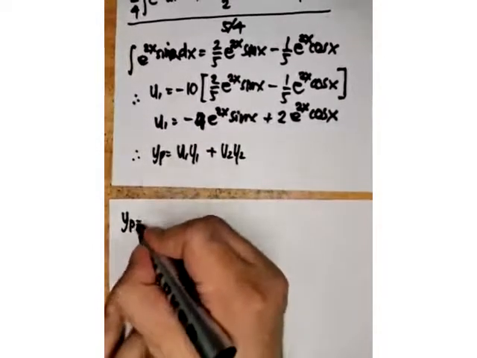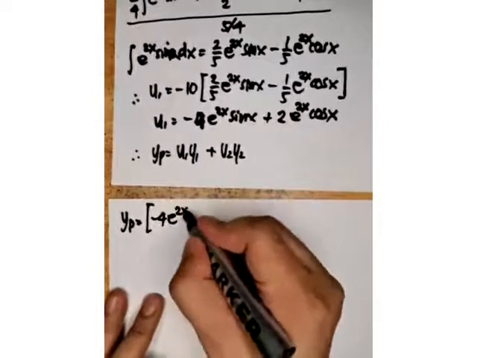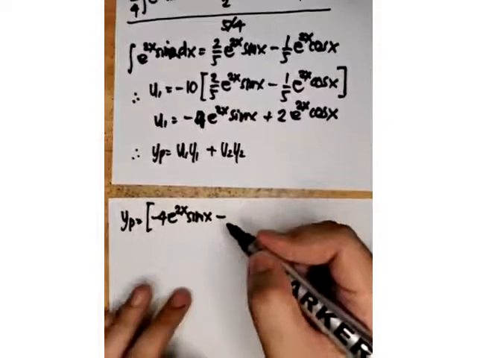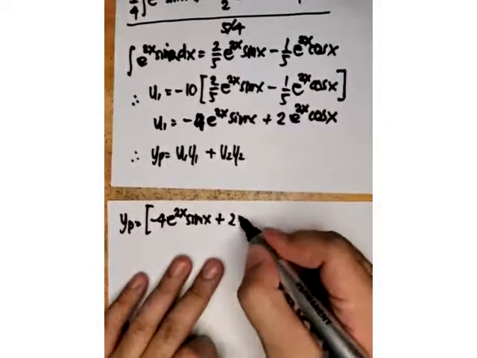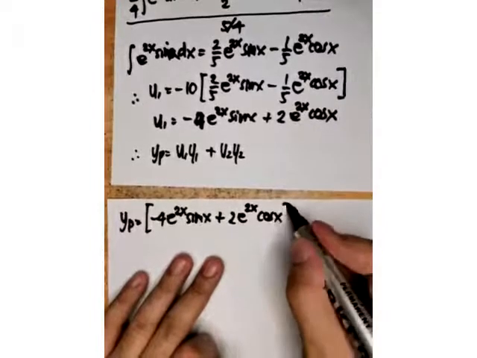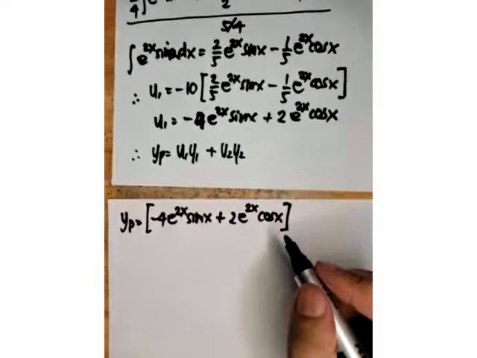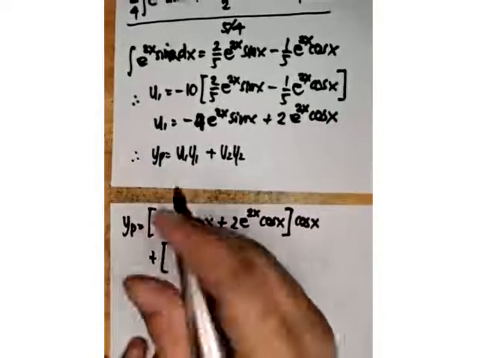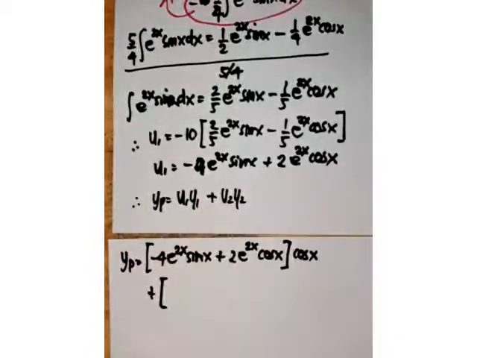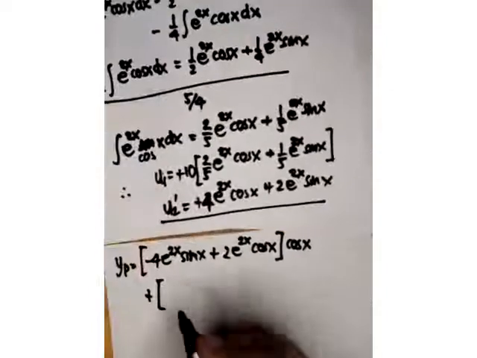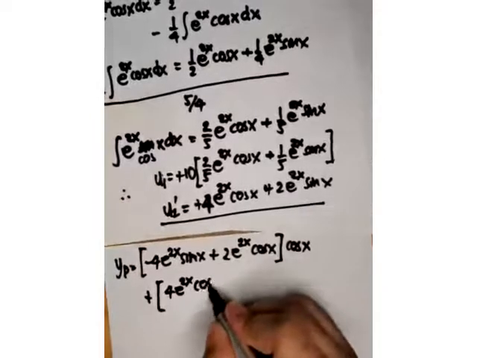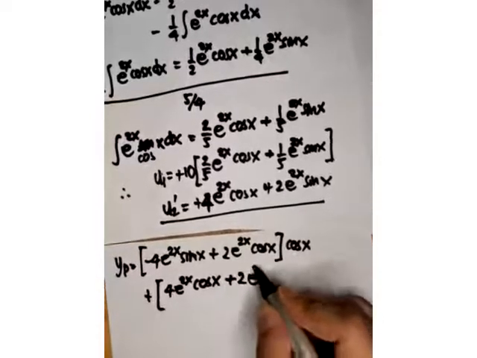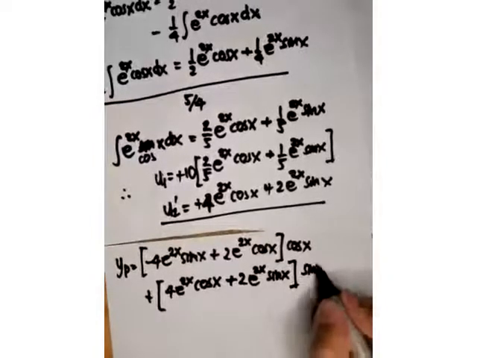Let's substitute. y sub p is U1, which is negative 4 e raised to 2x sine x plus 2 e raised to 2x cosine x, times our y1, which is cosine x, plus the quantity, our U2. Where is U2? It's missing. Here it is: 4 e raised to 2x cosine x plus 2 e raised to 2x sine x, times sine x.